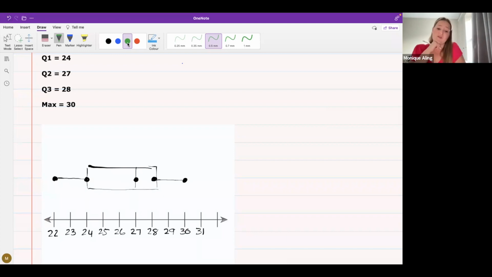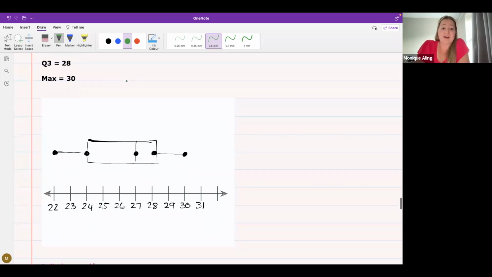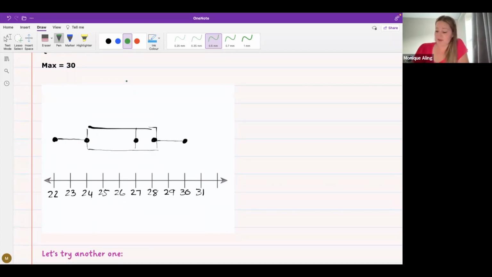So if I had to ask you, for example, what is the median of this data set, and you just have the number line to go by, you know that here's quartile 1, quartile 2, quartile 3. We know that quartile 2 is the same as our median, and our median equals 27.